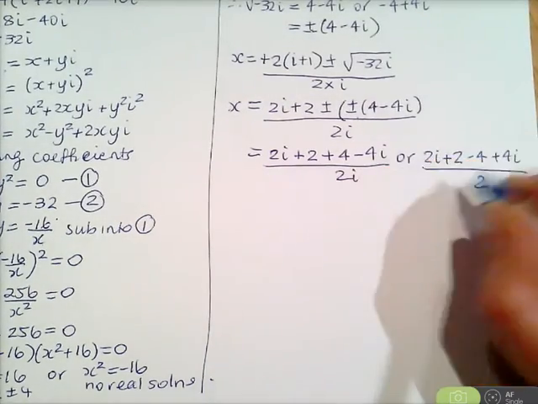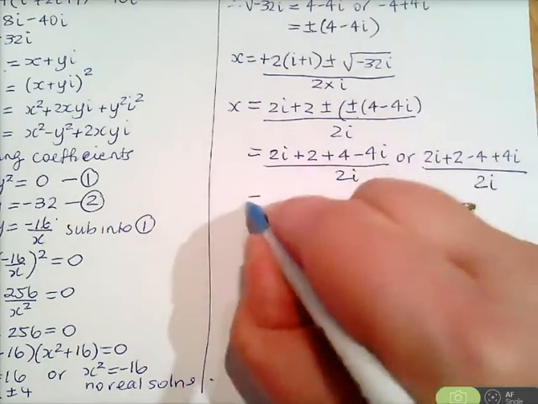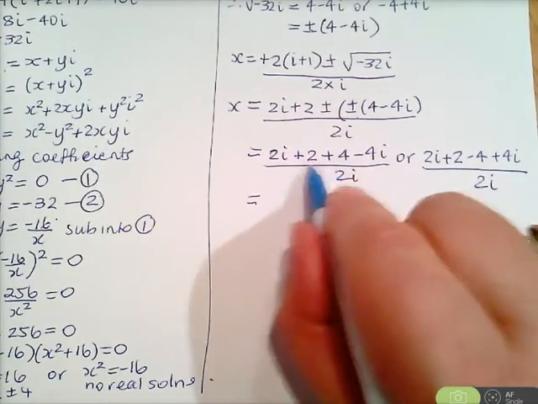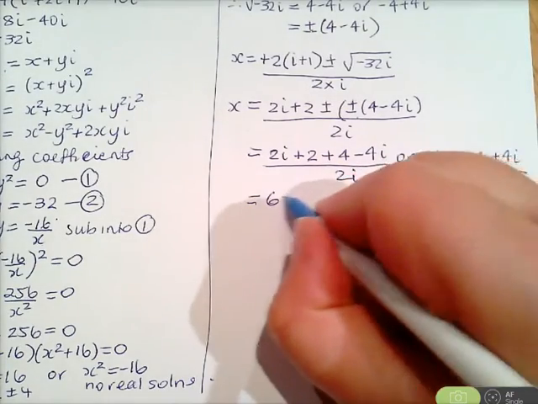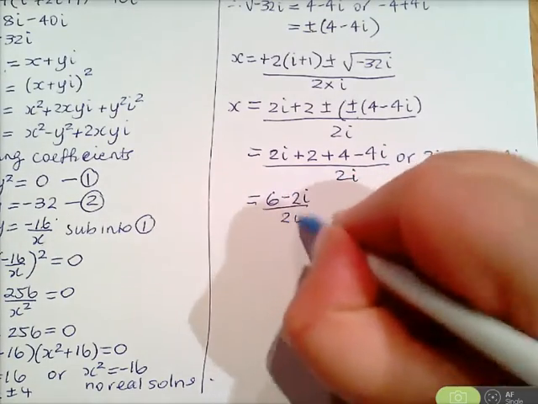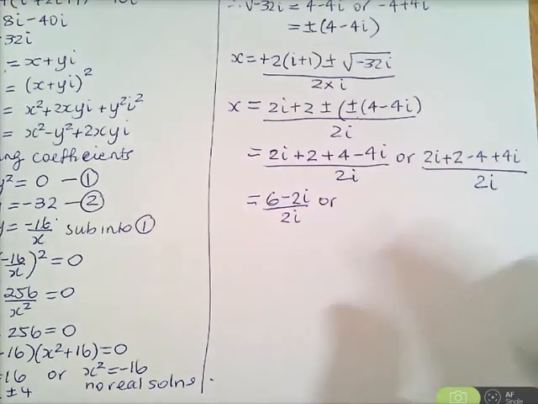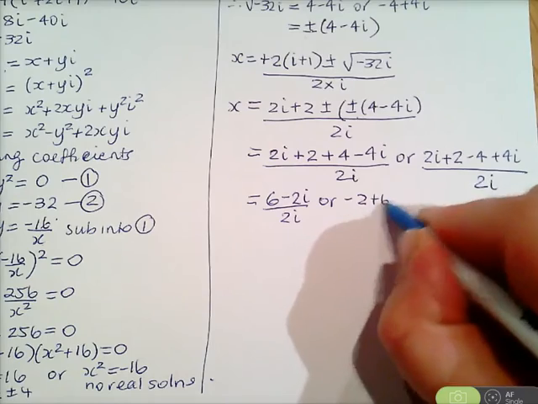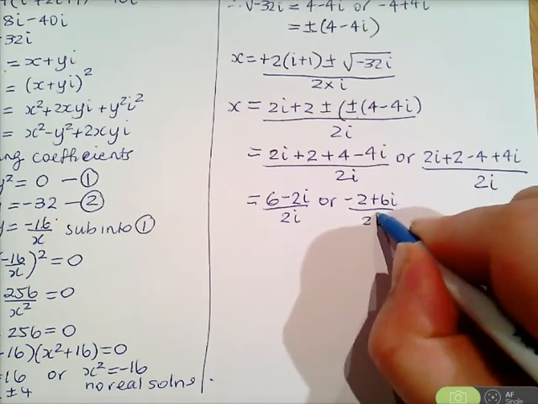Sorry, these are over 2i and over 2i. So simplifying this, let's do the real numbers first. So we've got 6 minus 2i over 2i, or we've got negative 2 plus 6i over 2i.